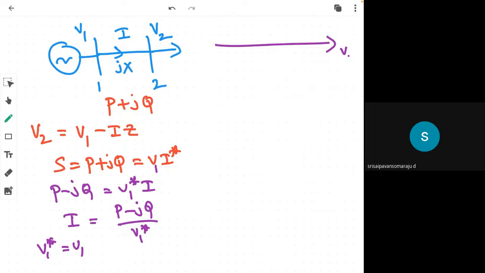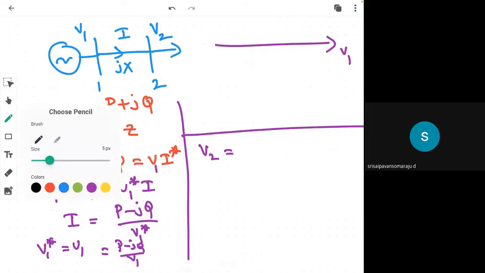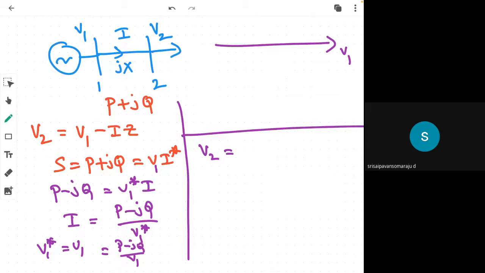Now let us substitute I is equal to P minus JQ by V1 into the expression V2 equal to V1 minus I into Z, where Z is equal to Jx. I is P minus JQ by V1, into Jx.